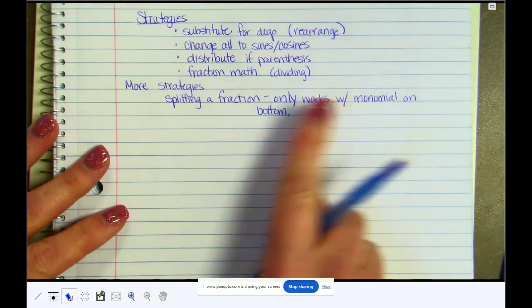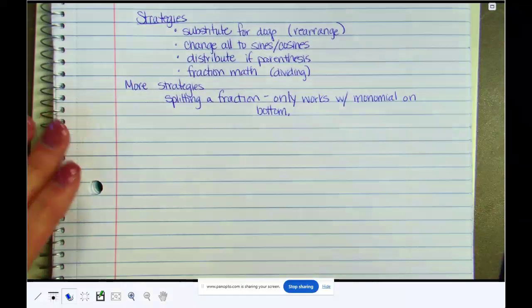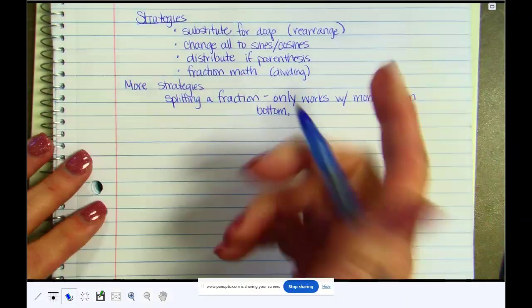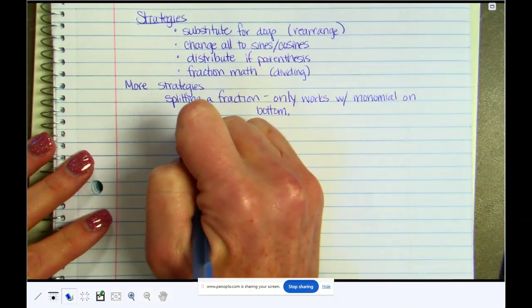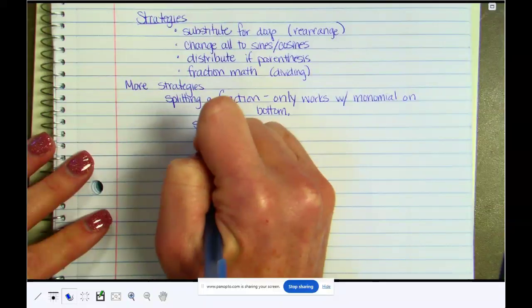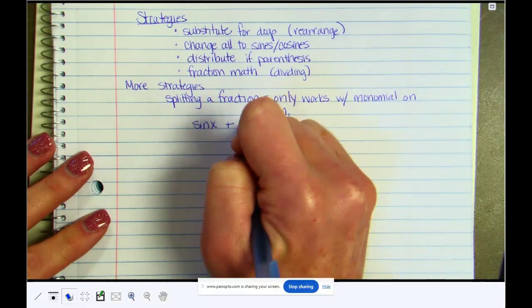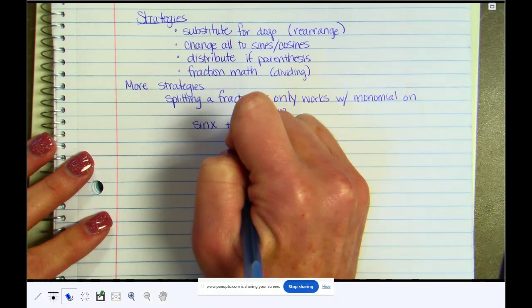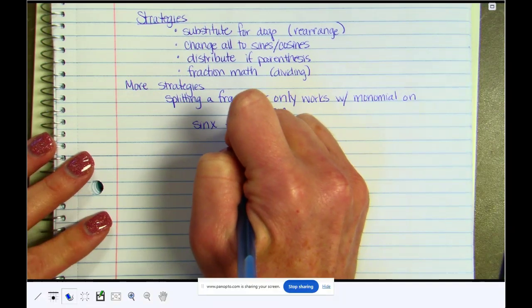But let me give you an example. We're not going to put it in a proof, but I'm going to show you the example. So let's say we had sine x plus, well, it doesn't matter.